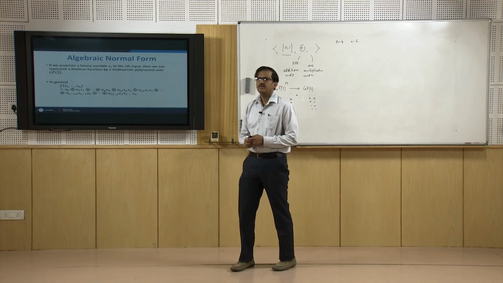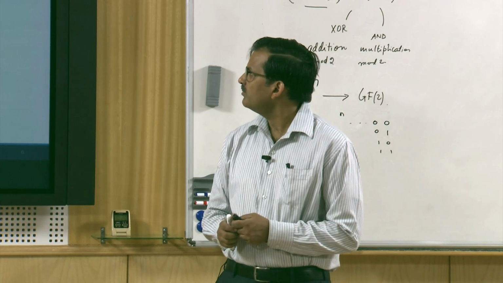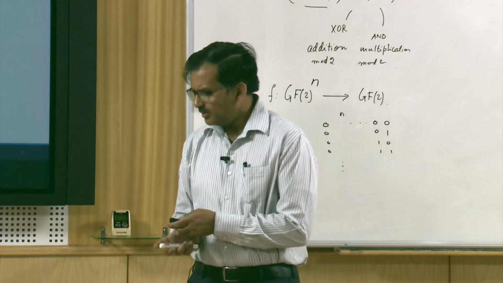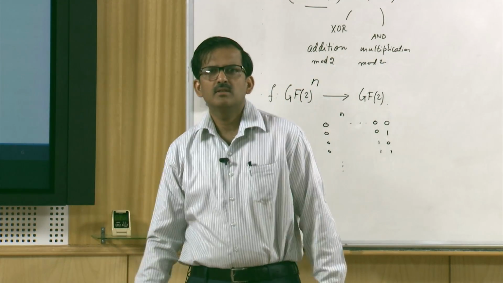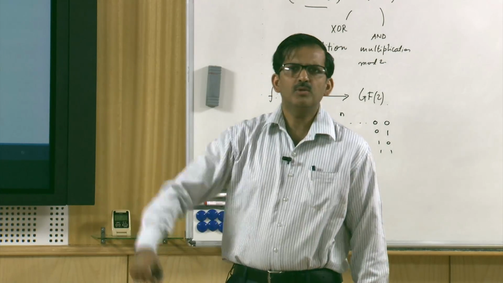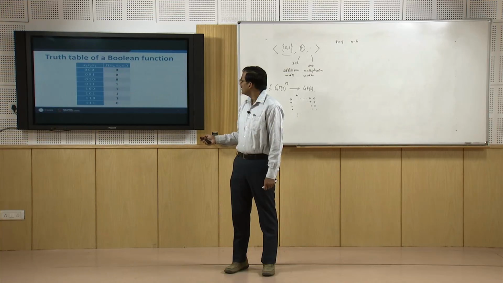Now we have a concept of algebraic normal form. What we can do is associate variables to the input bits. We have already done that.